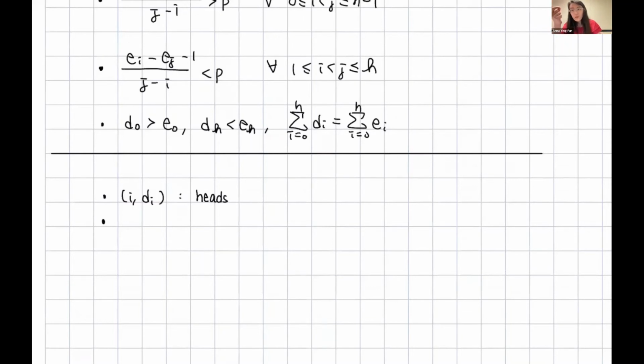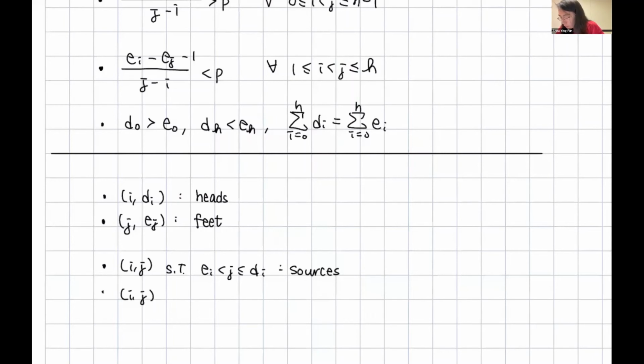The Di is the y coordinate of the point that you plot on the x equals i line, and those are called the heads, okay? And the Ei's are called the feet. And for the i, j such that Ei is less than j less than Di, they are all called the sources.